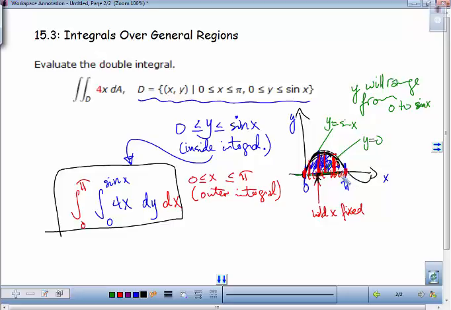And if I fix it to another place, it's still going to go from 0 to sine x. So as I make my slices all the way from 0 to pi, my y values are always going to go from 0 to the top function, which is sine x. That's in the y direction, correct. And so my y limits will be 0 to sine x.